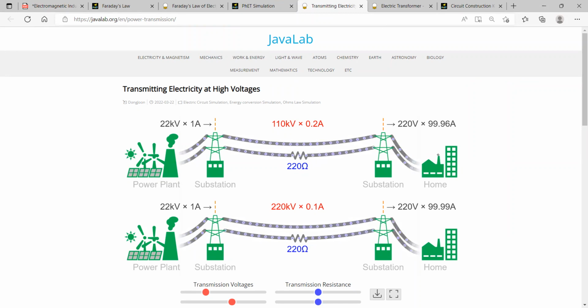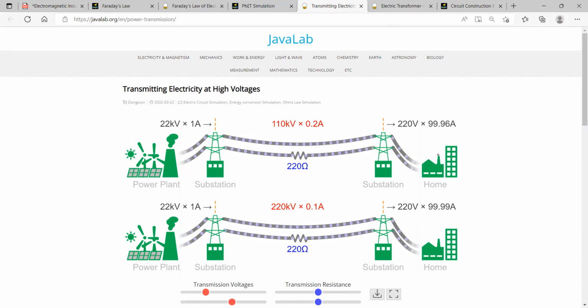Before it goes to our home, you also have to reduce the voltage. If we tried to connect our household directly to 110 kilovolt power, there would be destruction. So we need to step down.